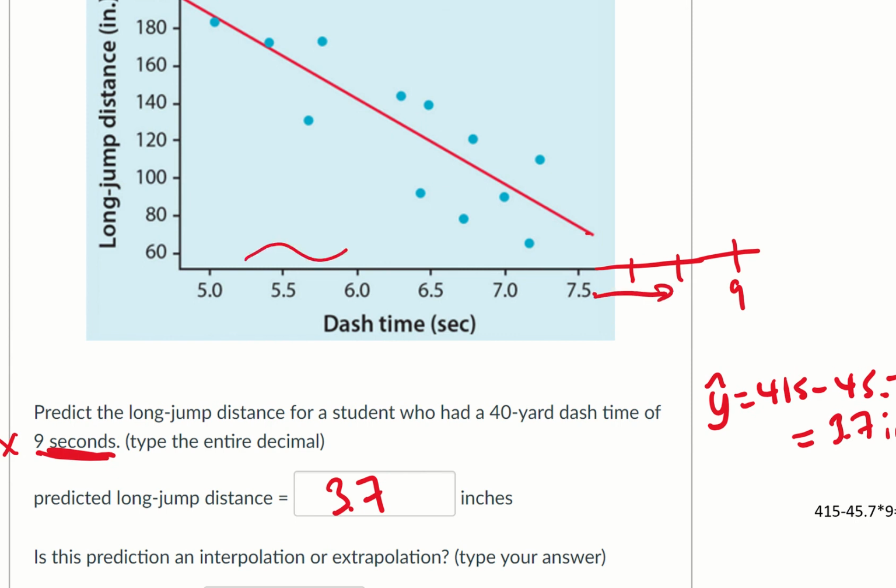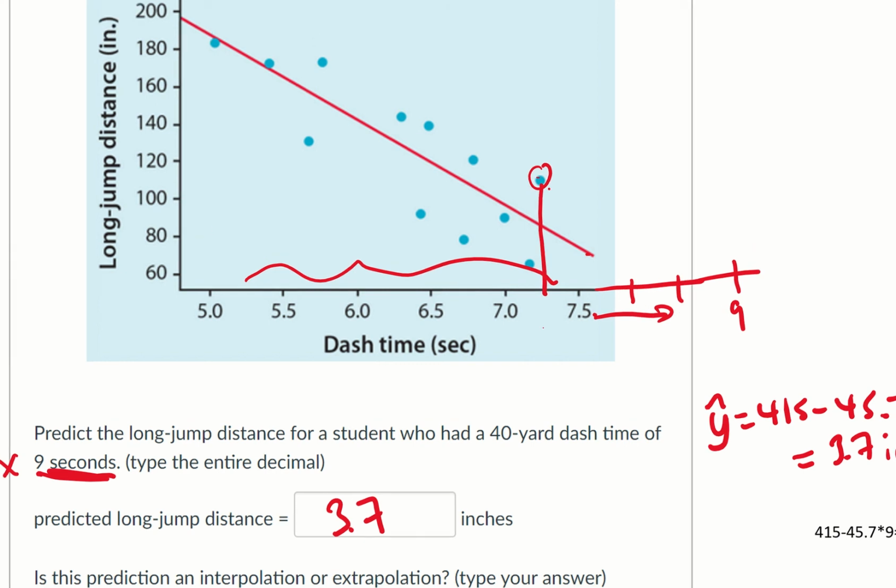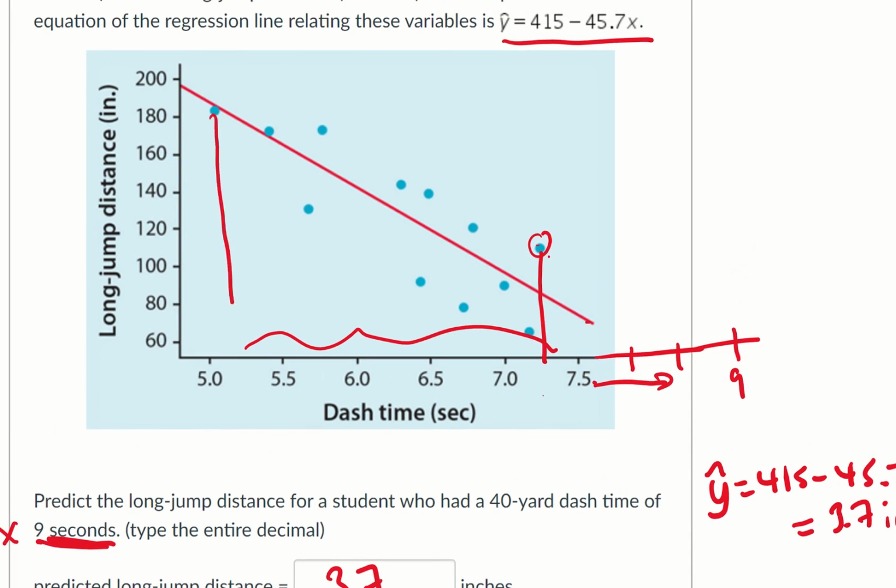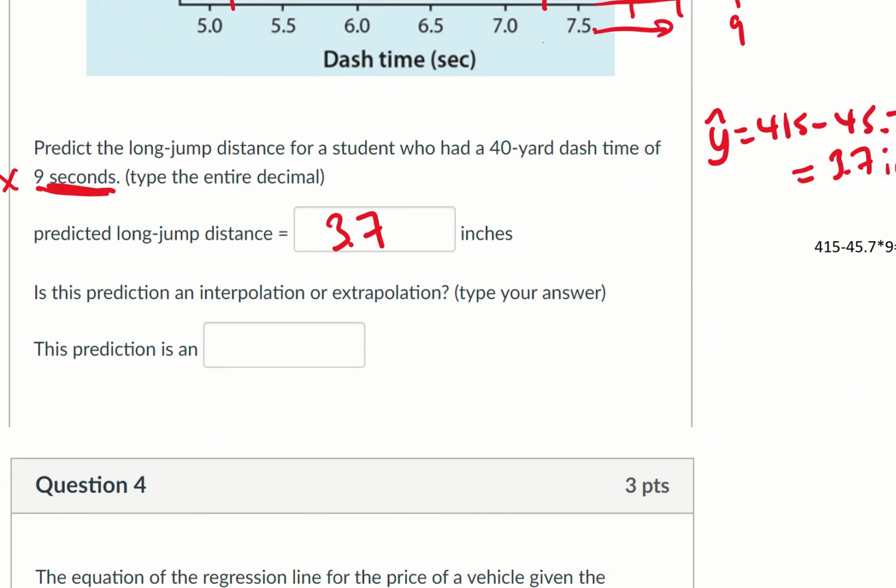If we were to do it within the data set, between the 5 and the last data point that we have, which is about 7.25, then that's an interpolation. However, we went outside. That's an extrapolation.